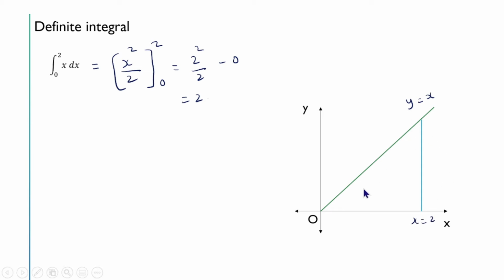Now since this line is y is equal to x, this length is also equal to 2 units. Now if we consider this, it is a right angle triangle. So OAB is a right angle triangle. So integral 0 to 2 x dx is nothing but the area of this triangle.